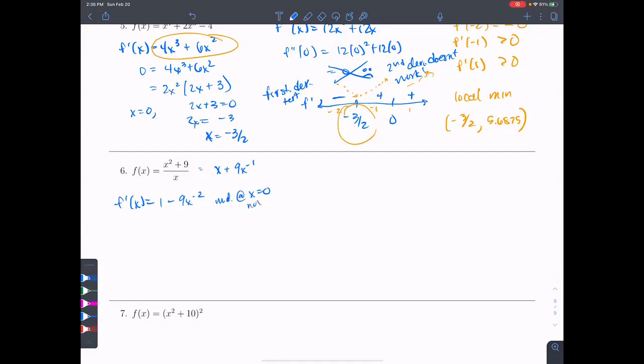So it's not a critical value. And then we also need to set it equal to 0. Or call this 9 over x squared equals 1. So we're looking at 9 equals x squared. So x is plus or minus 3.